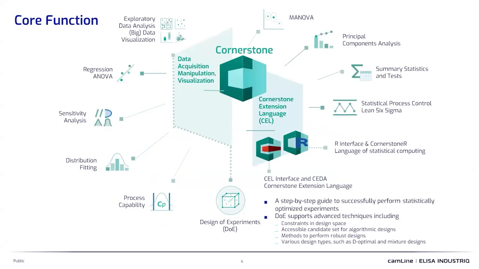Here is the overview of the core functions of Cornerstone. You can use Cornerstone to visualize big data in various graphs. You can also do regression analysis, sensitivity analysis, and fit various distributions to your data. You can also create a process capability plot. All of these functions can be coupled with the design of experiment module, which helps you to create an optimal design space for your experiment.